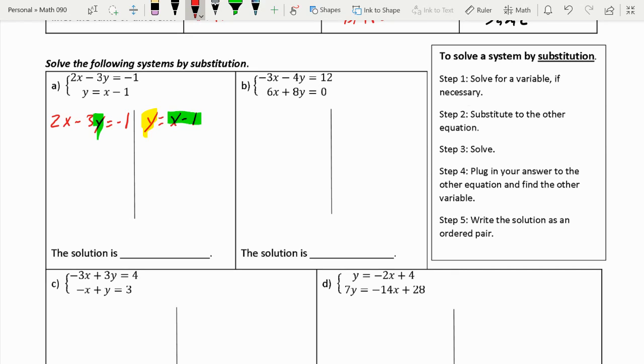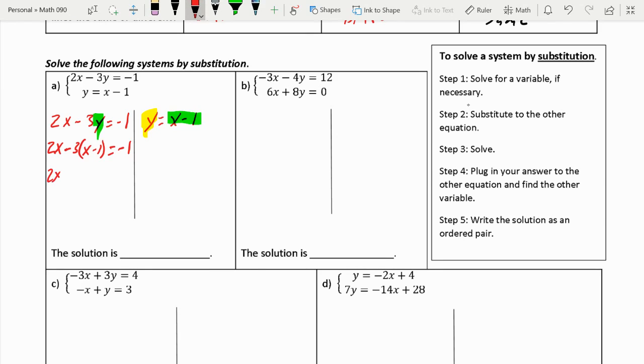I'm getting rid of y and replacing it with x minus 1. So I have 2x minus 3 times the quantity x minus 1 is equal to negative 1. Now you'll notice there's no more y's. Y is gone. So let's solve just like we've always done.